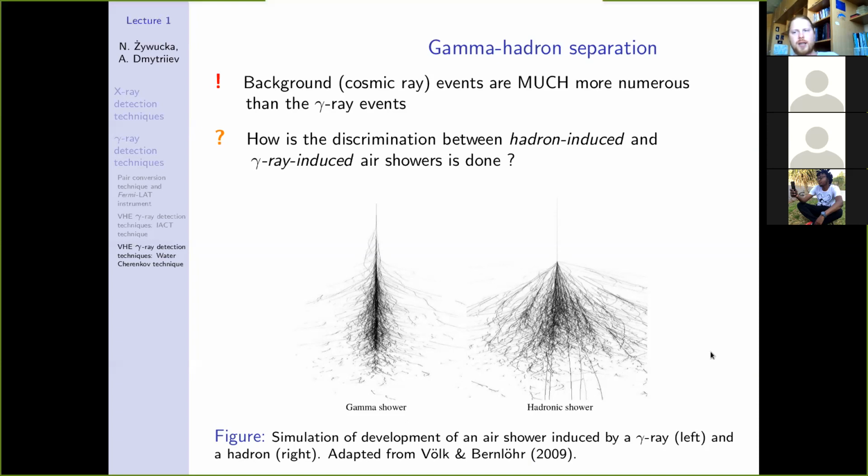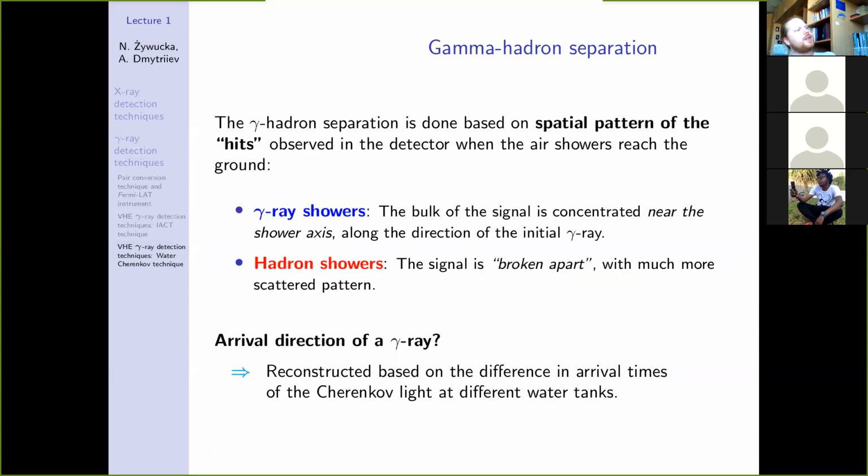The idea is very similar for HAWC. They don't see Cherenkov light, but they directly sample, let's say, the bottom of the shower. So you can see there is a very different structure, and they use this pattern of hits to discriminate. The separation is done based on the spatial pattern of the hits observed by the detector when the air showers reach the ground. What does it mean?